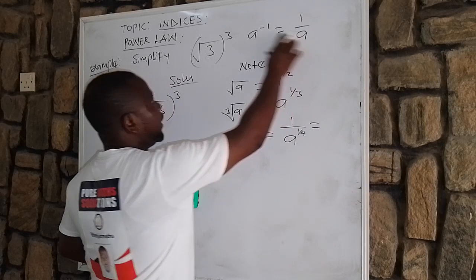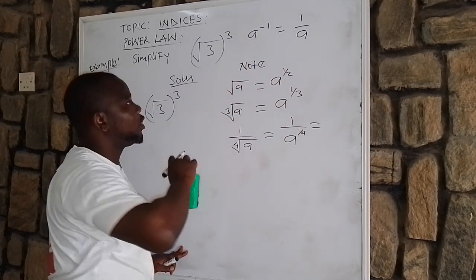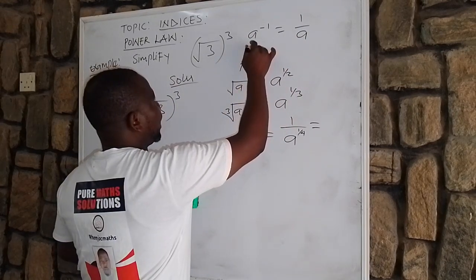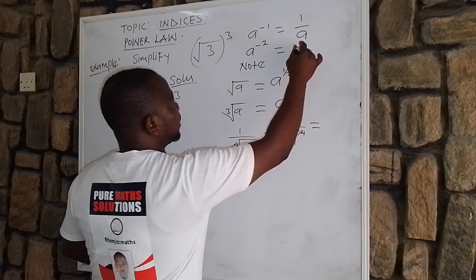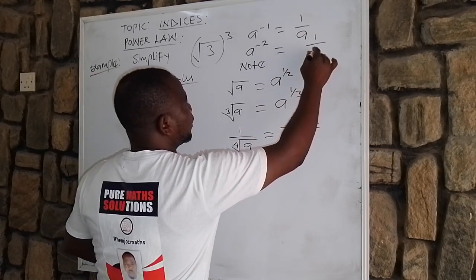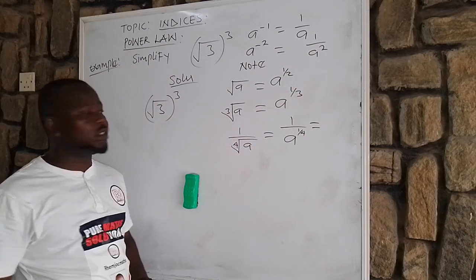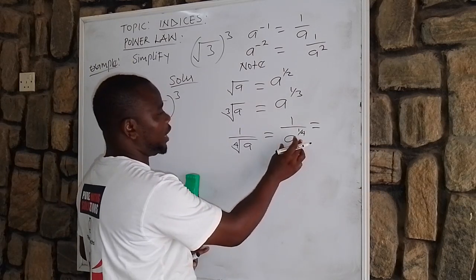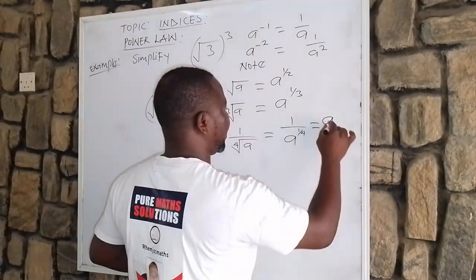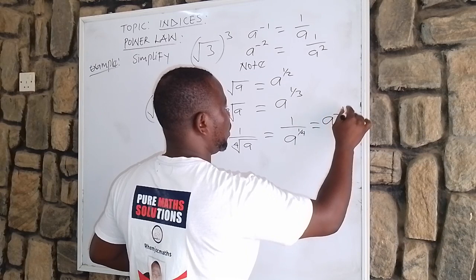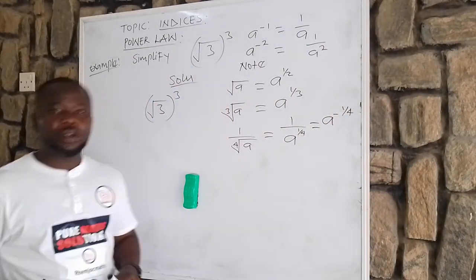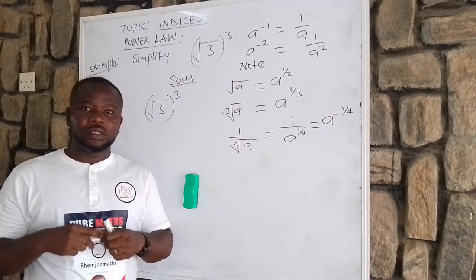It means 1 all over a is the same thing as a raised to power minus 1. Likewise, if we have a raised to power minus 2, this is the same thing as 1 all over a raised to power 2. True or false? So this is the same thing as a raised to the power of minus 1 all over 4. Do you agree with me?